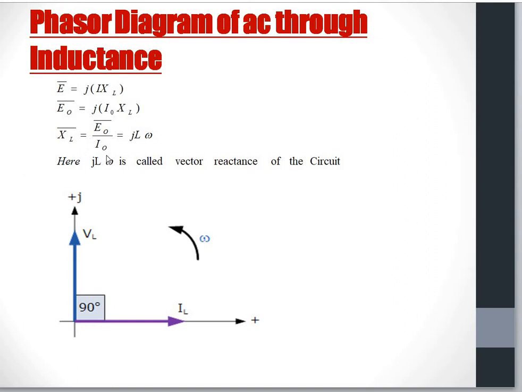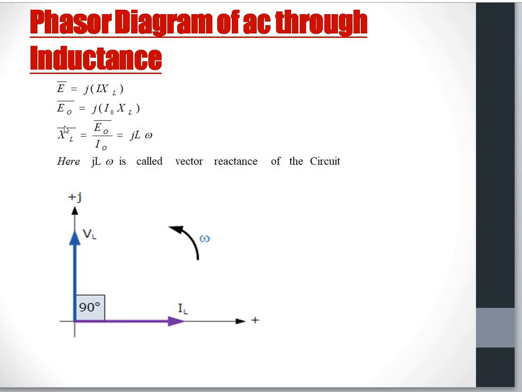So XL is nothing but the inductive reactance. In the case of a phasor equation, we call this the vector reactance or vector inductive reactance.